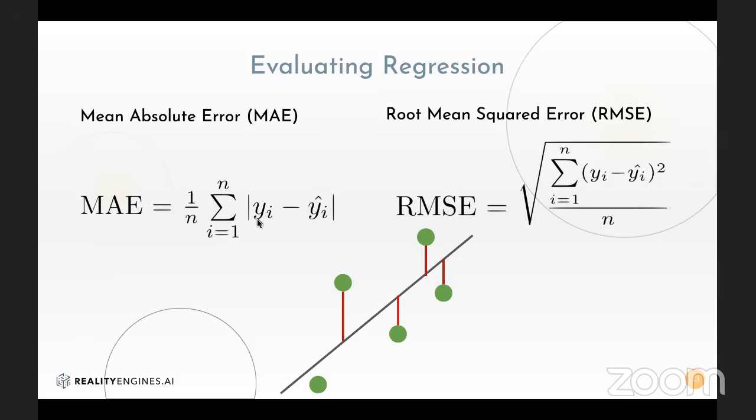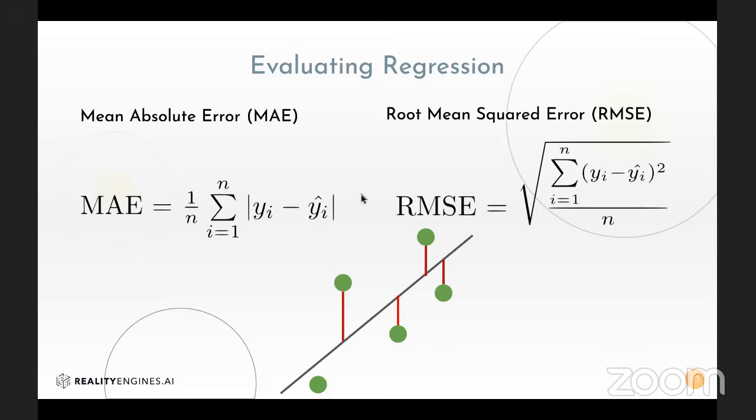So mean absolute error is just the average error over all the points. We sum up all the errors for each point, and then we divide by the total number of points. Similarly, root mean squared error looks at these errors, which are called residuals. It looks at the sum of the squared residuals divided by n, and it's just another way of measuring the residuals.